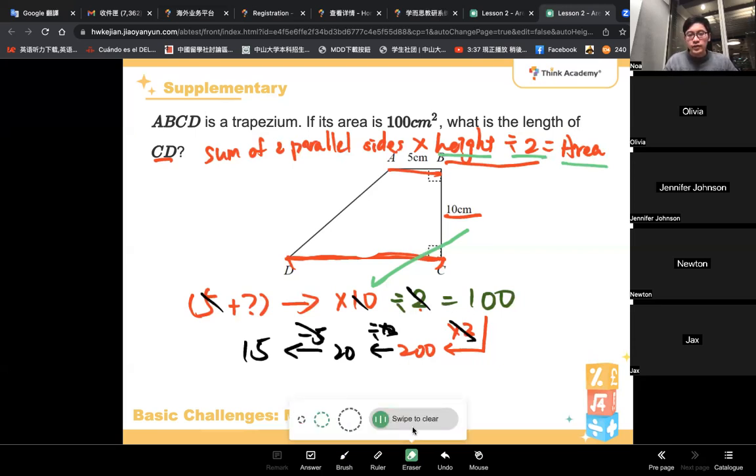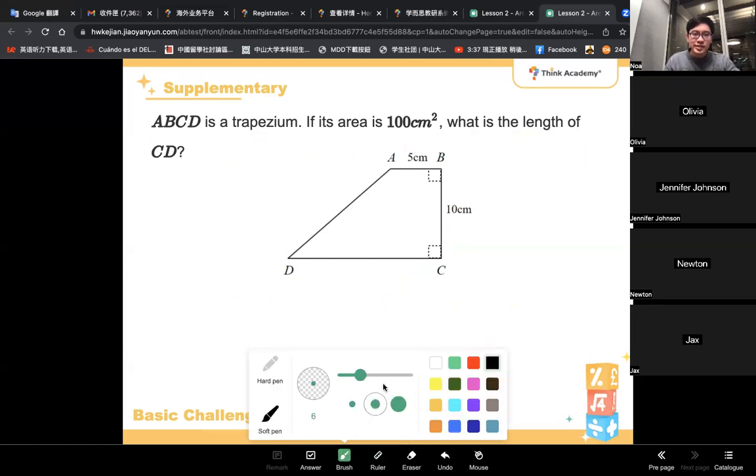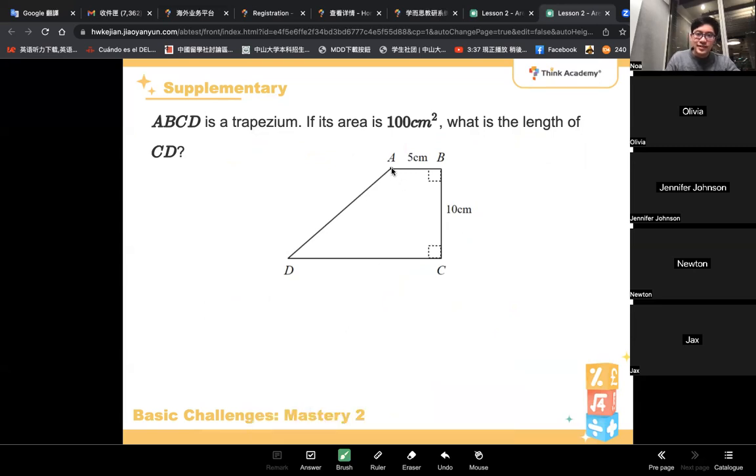I'm going to erase them all. Can you tell me what is the area formula of a trapezium? I'll bring you step by step. What's the area formula of a trapezium? 10 times 5. That's not the area of a trapezium. That's the area of this rectangle.